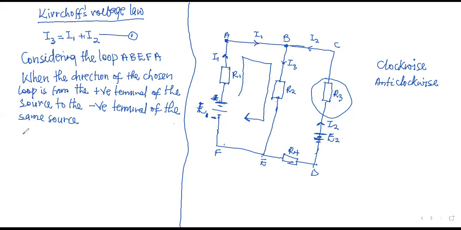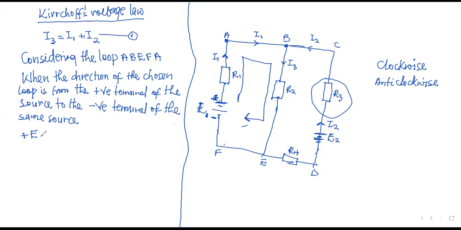So this will be plus E. This is because the loop you picked is from the positive terminal of the EMF and enters into the negative terminal. And if we had gone anti-clockwise, this EMF would have been negative. Please take note of that.